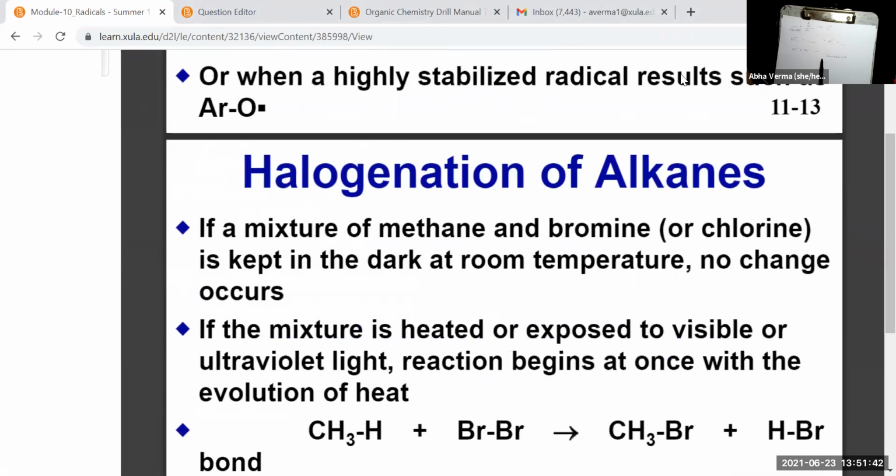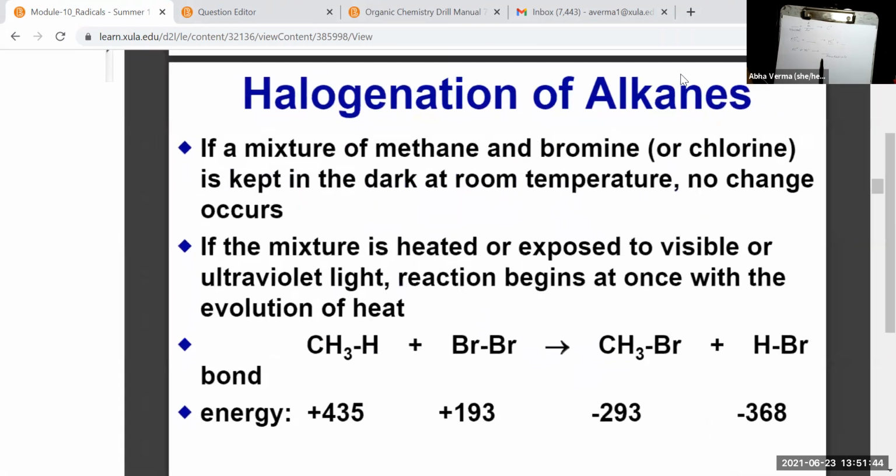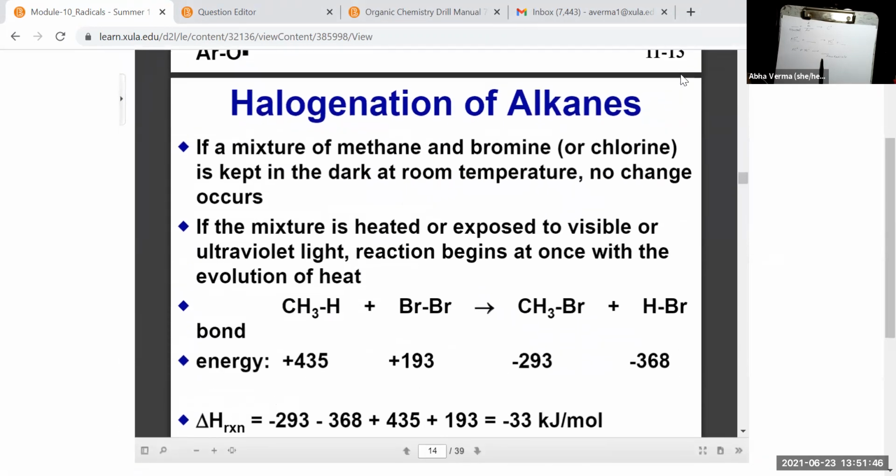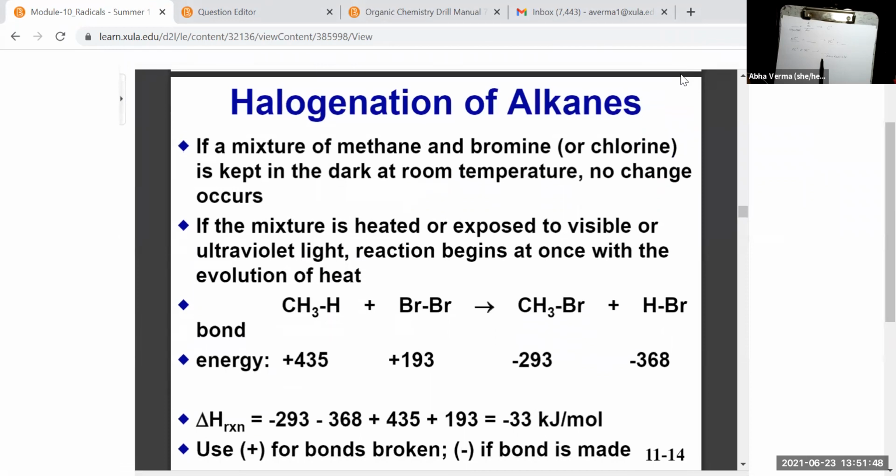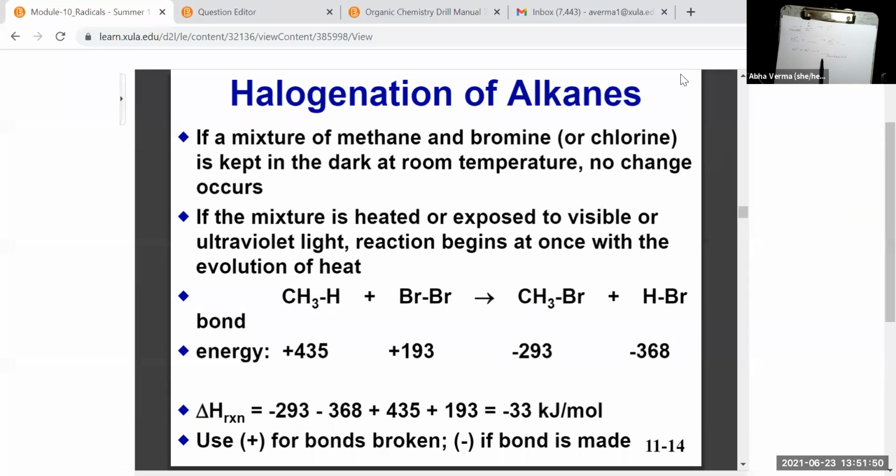Here we will look at the mechanism of halogenation of alkanes. A few minutes ago, I told you that the only reactions alkanes will undergo are radical reactions. Whenever there is a mixture of any alkane with bromine or chlorine, never with iodine, never with fluorine.